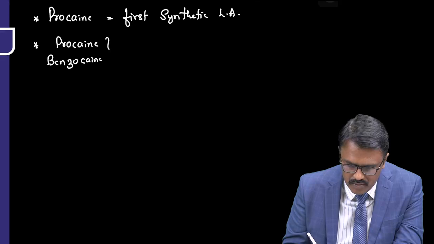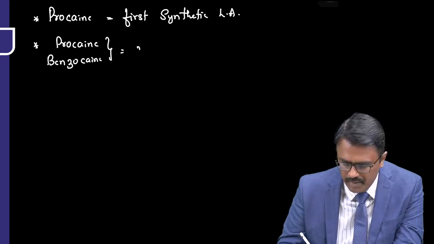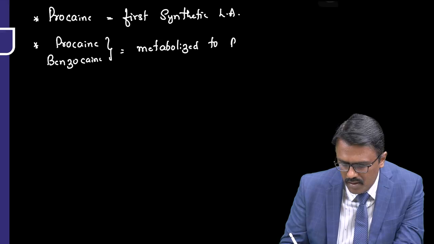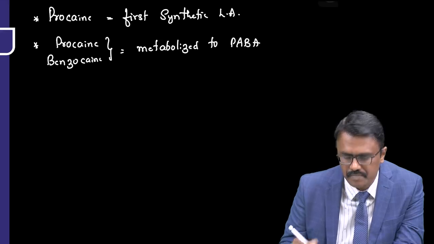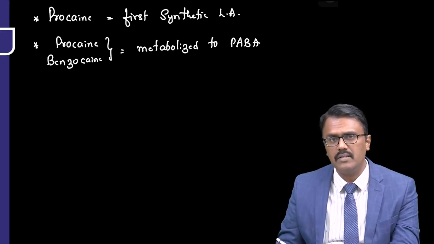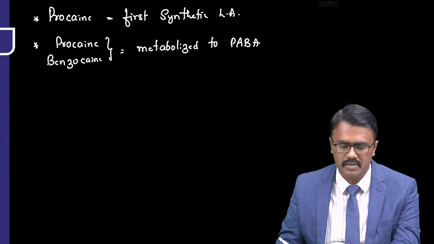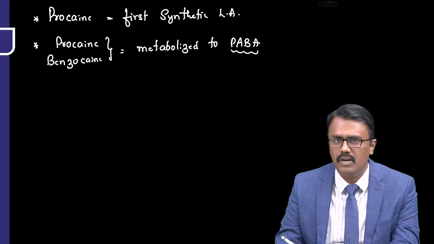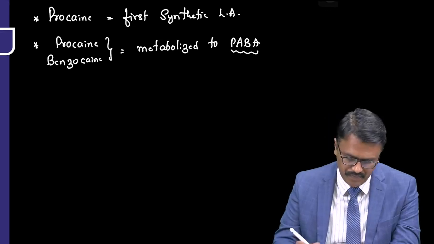Procaine and benzocaine, these two drugs are metabolized to a compound called PABA. Now why are we worried about this, sir? PABA is associated with a rare kind of anaphylaxis. That's why it is important.